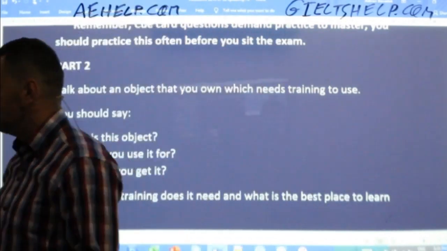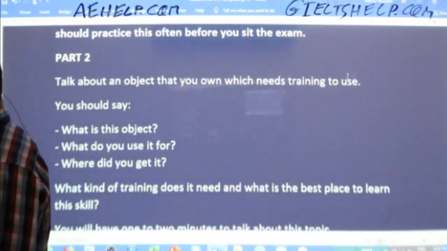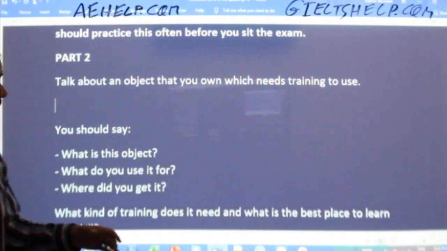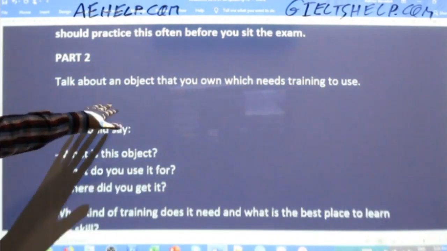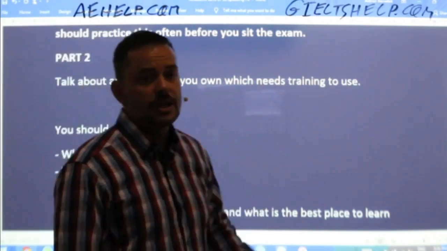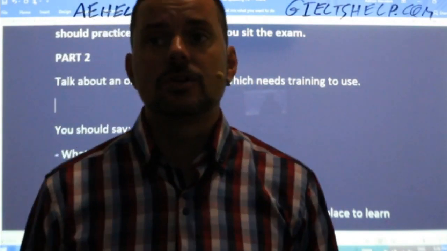If I think about this sentence here, then the clear first sentence is, I have a beautiful pen which requires a fair bit of training to use. That would be your band 9 start.